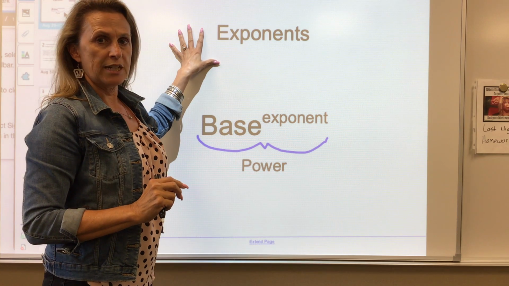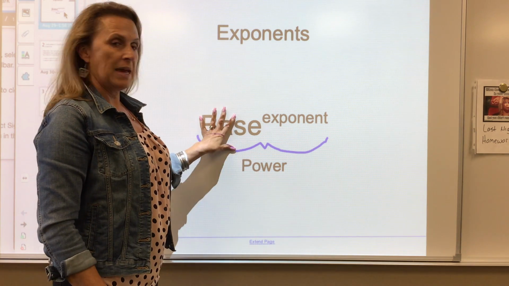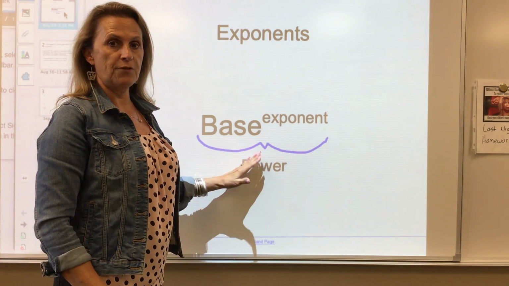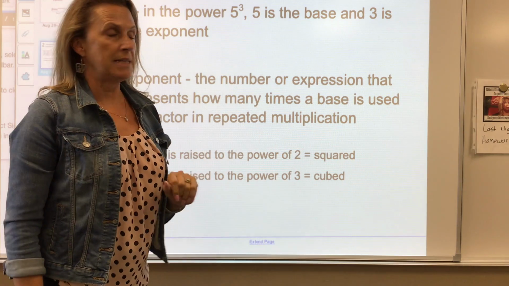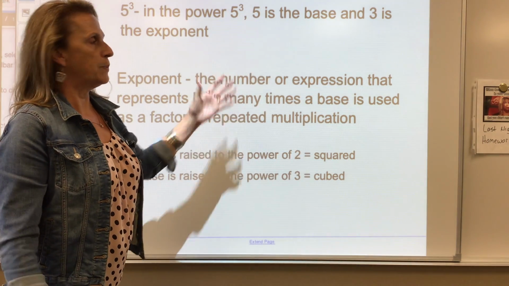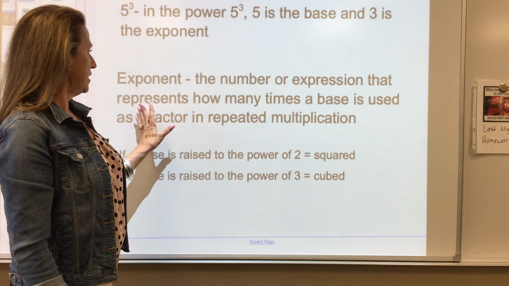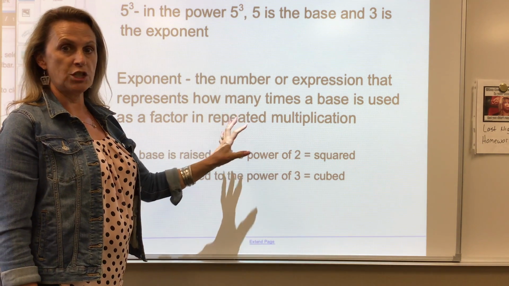Exponents are an algebraic expression that are composed of two numbers, a base and an exponent, and together they form what's called a power. This algebraic expression is the number or expression that represents how many times a base is used as a factor in repeated multiplication.